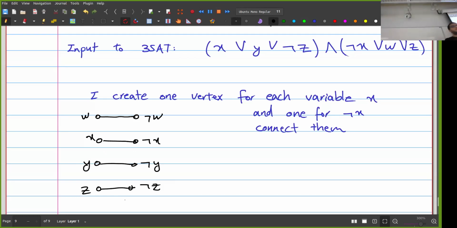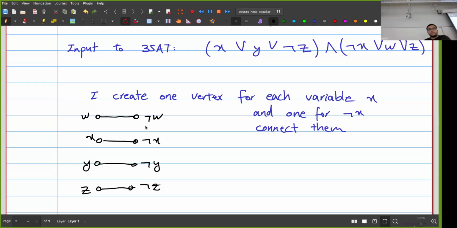So whatever vertices I take into my independent set are going to be the variables that I set to true. So I cannot set both W and negation of W to true. That's why I add an edge between them so that no independent set can contain both W and its negation.